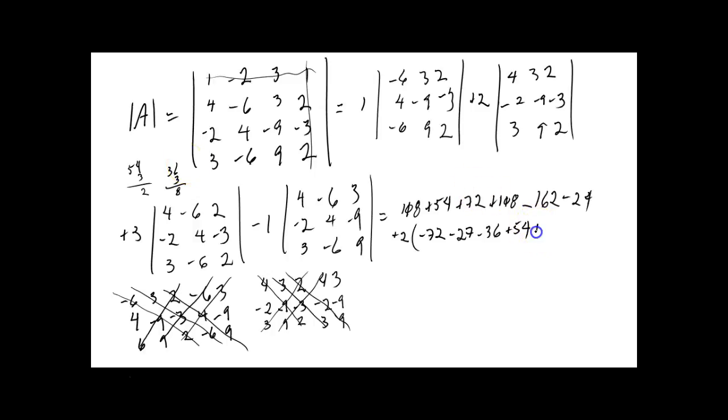And we decided that's going to be a plus 108. Okay. And then our last up diagonal, another plus because it's a minus going up, but only one minus sign. 4 times 3 is 12. So plus 12. All right. That takes care of this one.